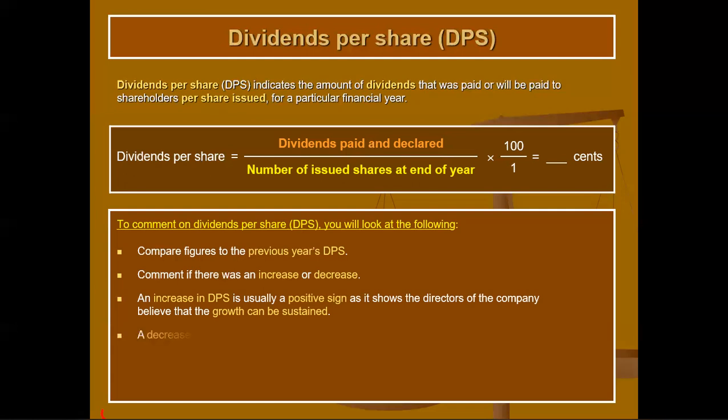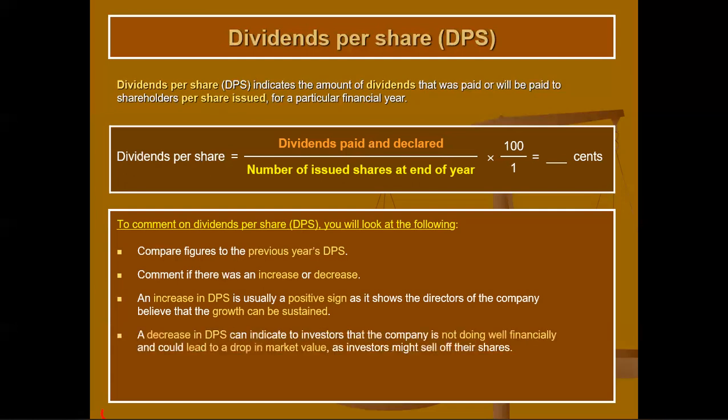Interim dividends are declared and paid. Remember that. A decrease in dividends per share can indicate to investors that the company is not doing well financially, and it could lead to a drop in the market value as investors might sell off their shares. Guys, remember, as the investor, you are looking at dividends.